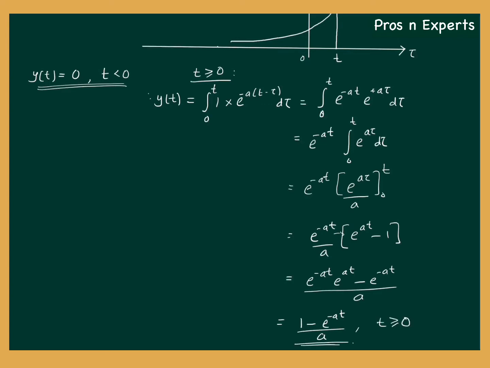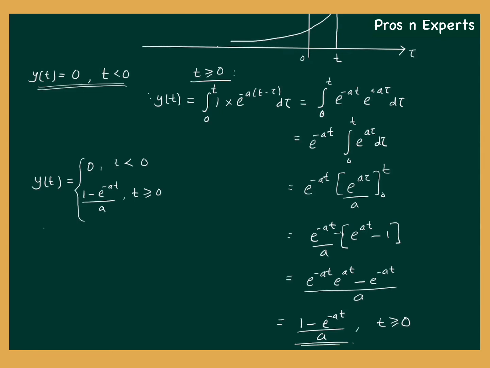So our output has two conditions. I can write it here. Y of t is equal to 0 when t is less than 0, and 1 minus e raised to minus at by a when t is greater than or equal to 0.